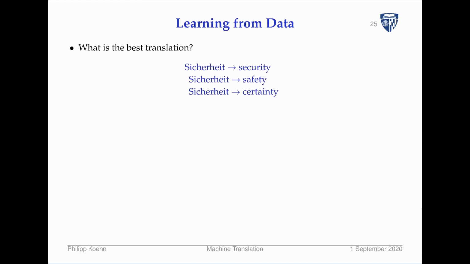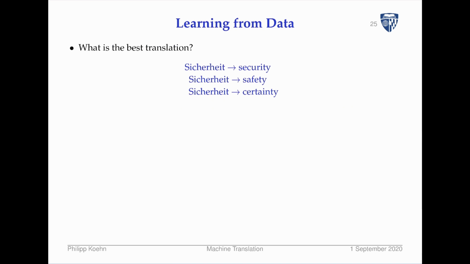So what can help us to make these decisions to resolve these ambiguities? Well, here's the idea. We're going to learn from data. If you look it up in a dictionary, you might come across the word Sicherheit, a German word that has, according to the dictionary, three different translations: security, safety, and certainty.